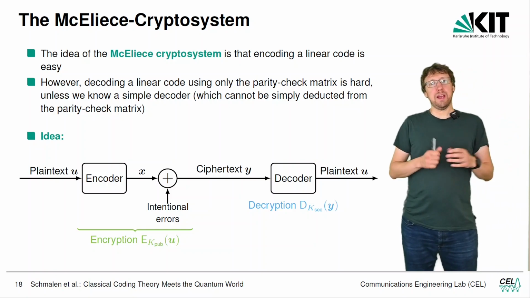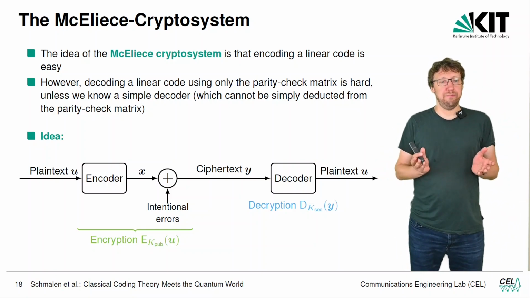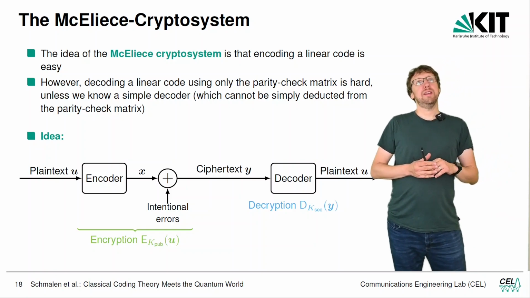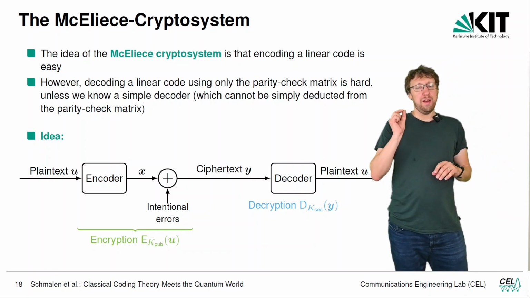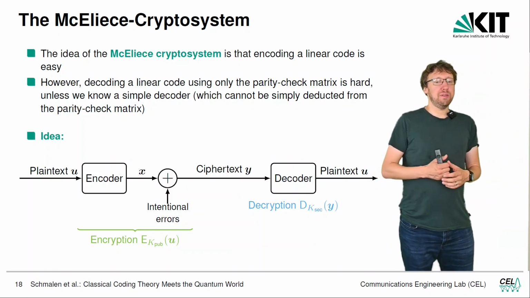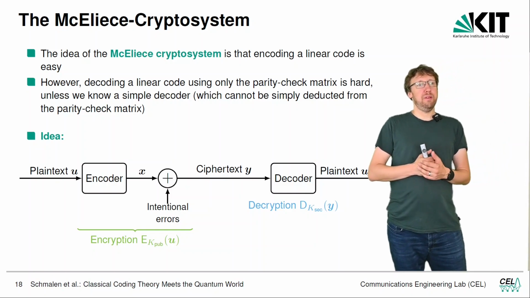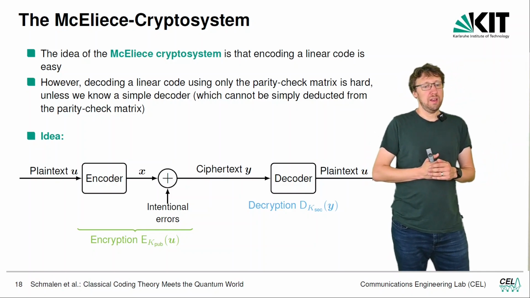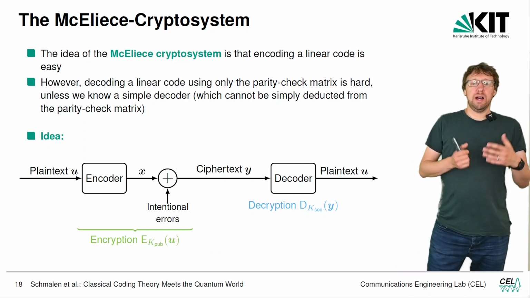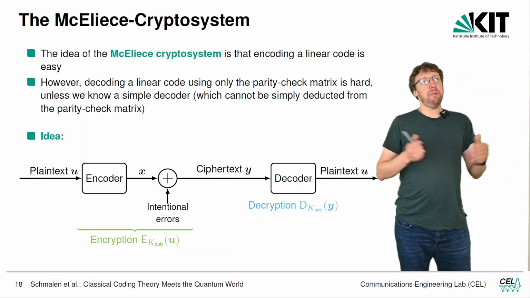The idea of the McEliece crypto system is that encoding a linear code is very, very easy. However, decoding a code, if you only have the parity check matrix, is hard, unless we know a simple decoder, which cannot be deduced from the parity check matrix. I gave you this belief propagation decoder.